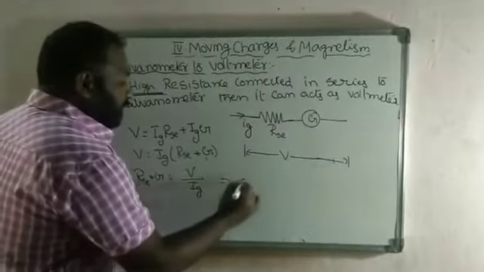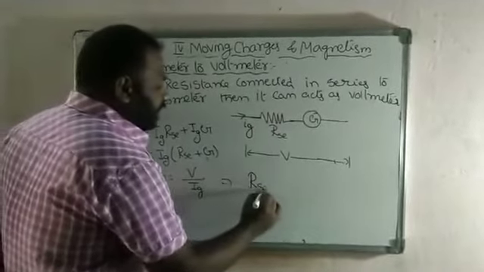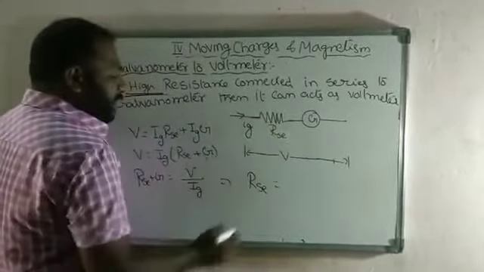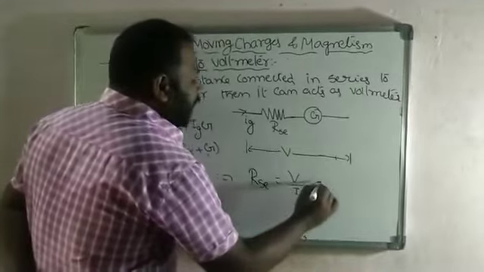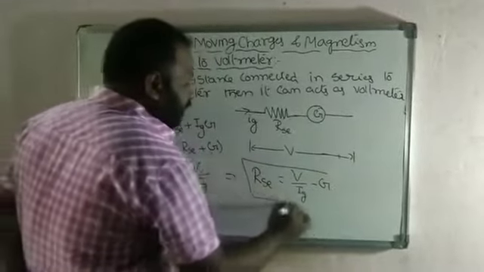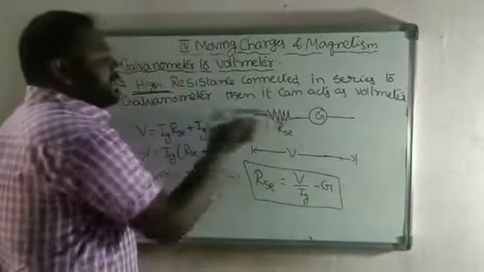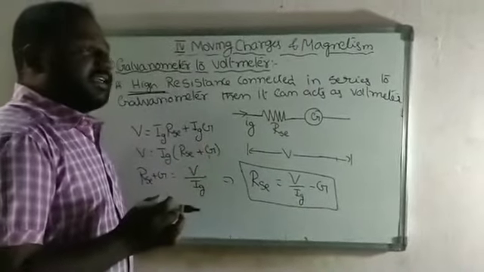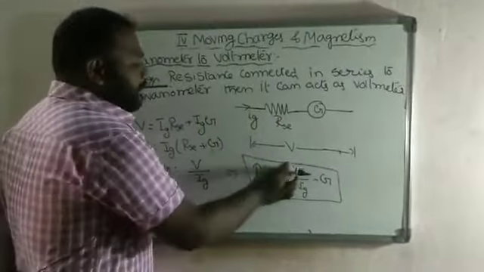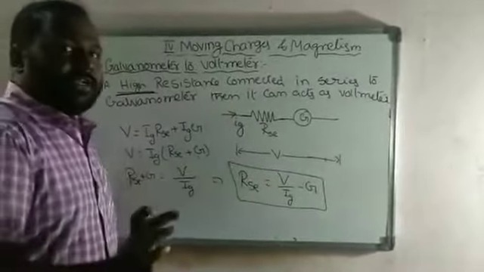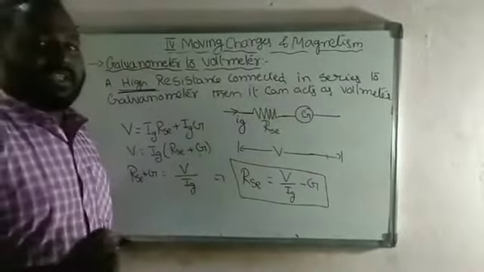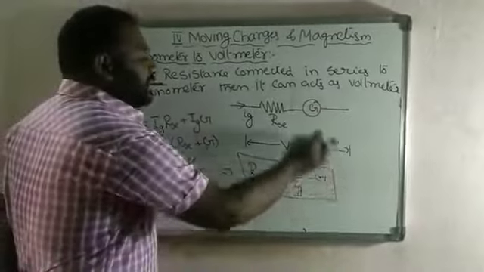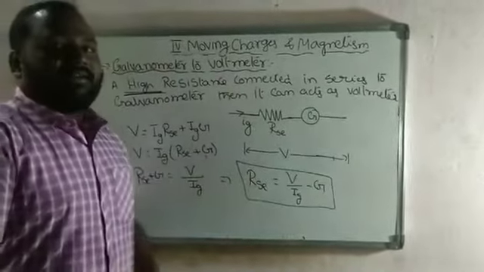So the resistance connected in series to the galvanometer is RSE equals V by Ig minus G. Here RSE is the series resistance connected to the galvanometer in series, V is the range of the voltmeter which we have to convert to, Ig is the full scale deflection of the galvanometer, and capital G is the resistance of the galvanometer.